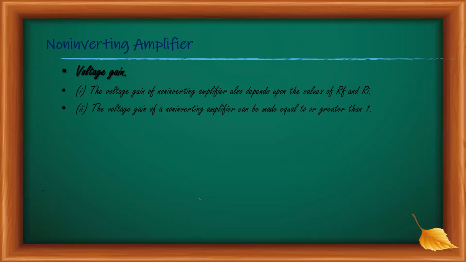The voltage gain of non-inverting amplifier can be made equal to or greater than 1. We know that the expression is 1 plus RF divided by RI.